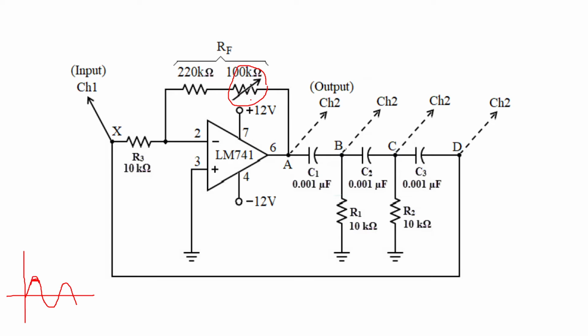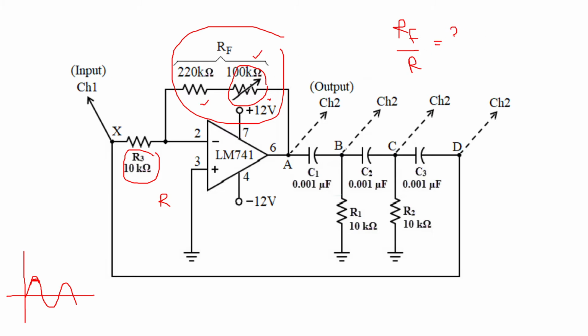This is the RF, the combination of this resistance and this resistance. And this is the R. R1, R2, R3 are equivalent to R. So the gain will be RF divided by R. Here, let's say we use, actually it is advisable to use the maximum, 320K divided by 10K.